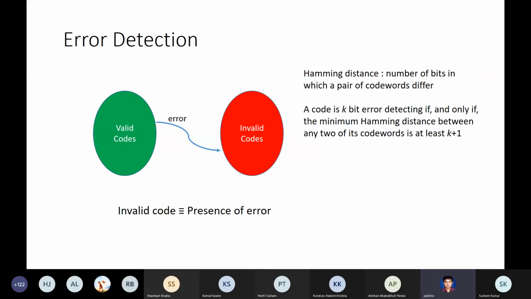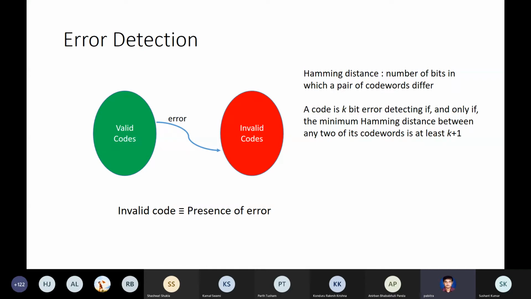So basically what we can do is just do this property checking on the code. After the property checking, if we find that this is an invalid code, we are sure that there is an error. That means we detect an error. So the error detection is nothing but this property checking on the code word, to check whether it is valid or not.